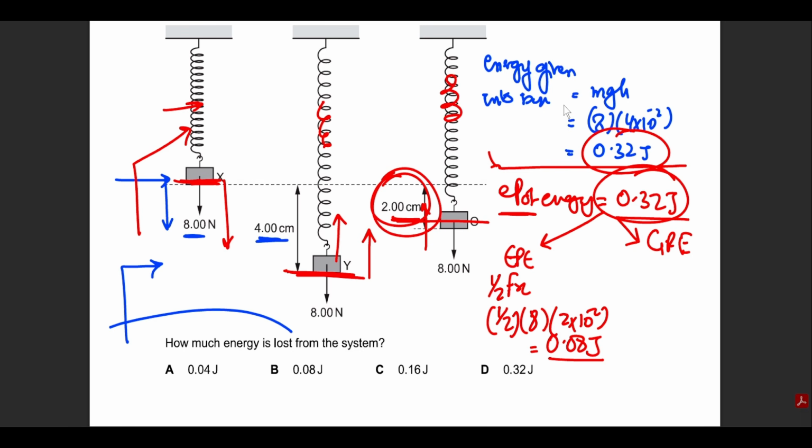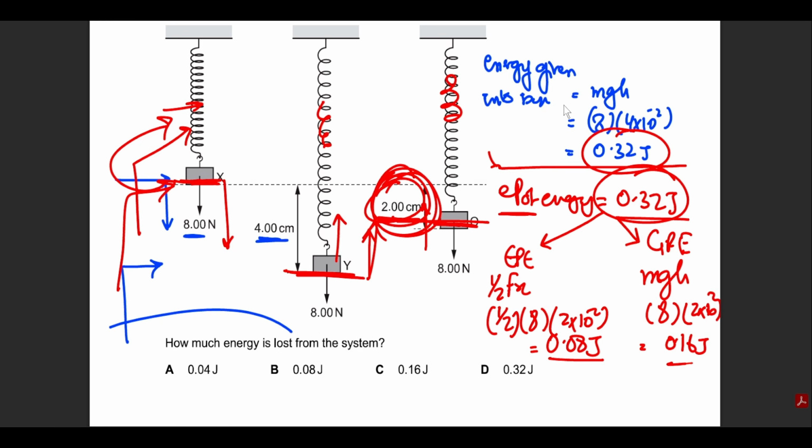Okay. Now, what's the gravitational potential energy at this location? It was given to the box, the box gave it to the spring to stretch, and now the box has used it to go up. So today the mgh will be 8 into this 2 centimeters, again 10 to the power minus 2. This is going to come out as 0.16 joules.